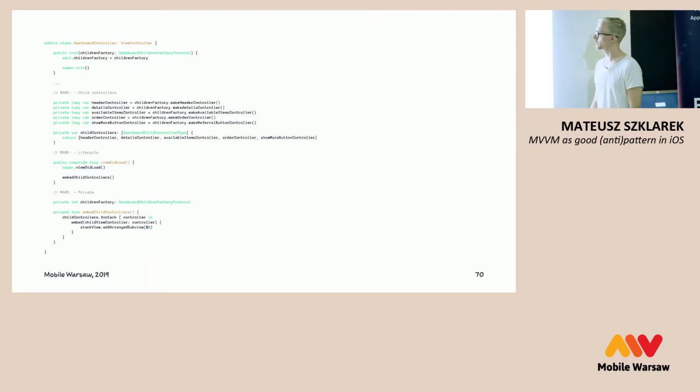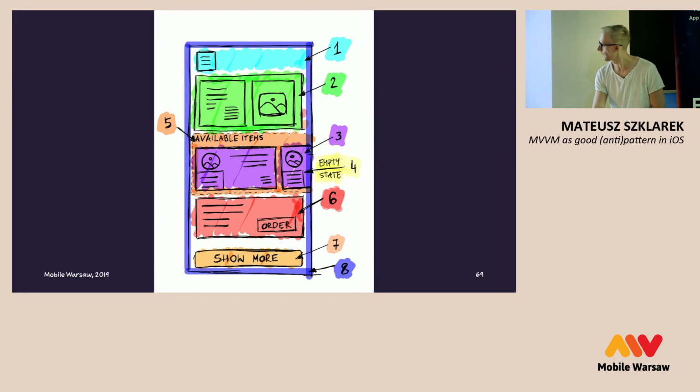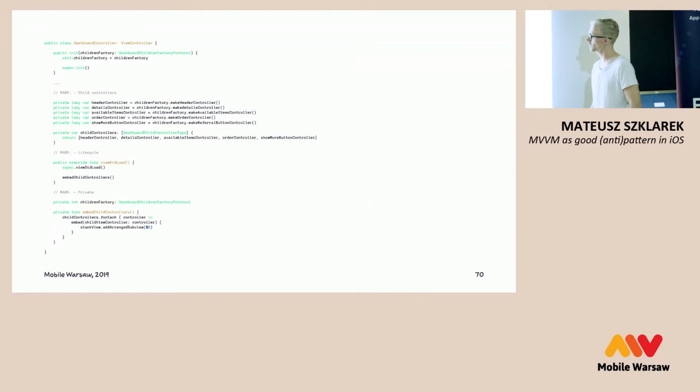Here we can see, or not, our controller. This is the code of this previous slide, and we can see that we have here a children factory, which was injected using an initializer, and we create 5 children and embed them in our view.